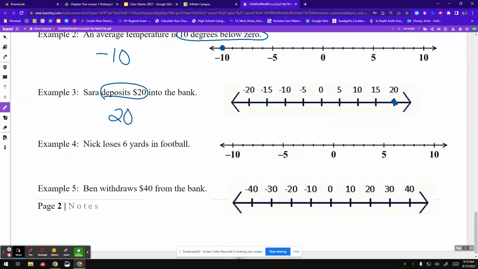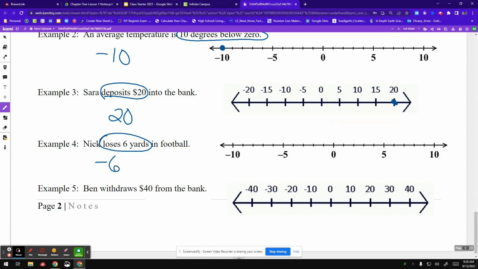All right, here's a little football. If you're not into football, you're trying to move forward towards your goal so you can gain yards. Or if the other team pushes you back, you can lose yards. So if Nick loses 6 yards in football, what integer would I write?